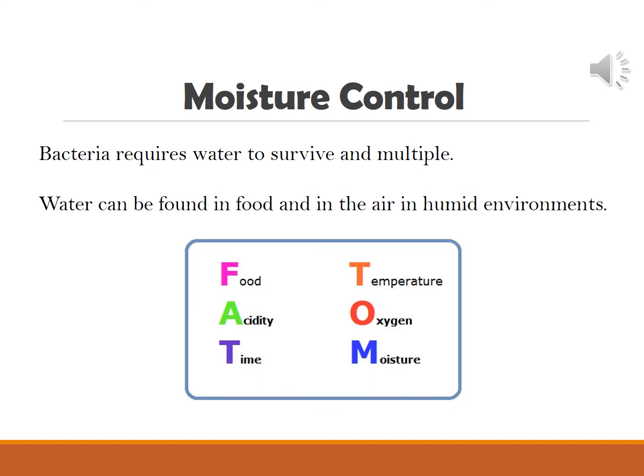So somebody living in the desert of Arizona, when they have a piece of a fruit or a vegetable, because it's so dry there, that vegetable or fruit is much less likely to spoil from bacterial contamination because there's a much lower chance of that food being excessively moist. So it's not a very ripe environment for bacterial growth.